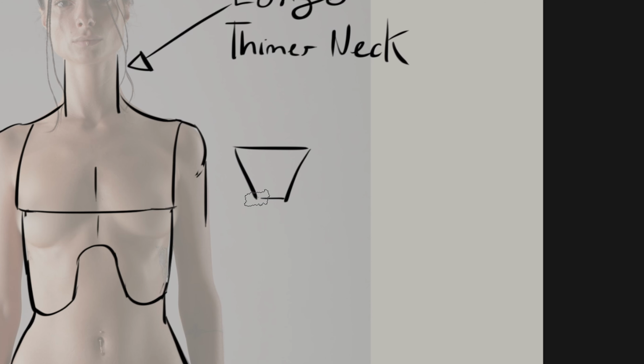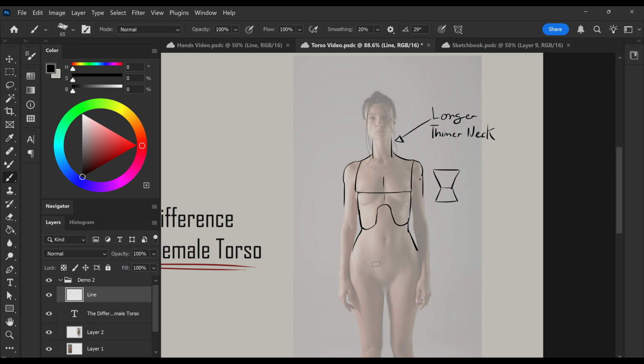You can see that hourglass shape as I'm showing here, very common. The shoulders are also not as wide as the hips, you'll see that a woman's hips are almost as wide as her shoulders.